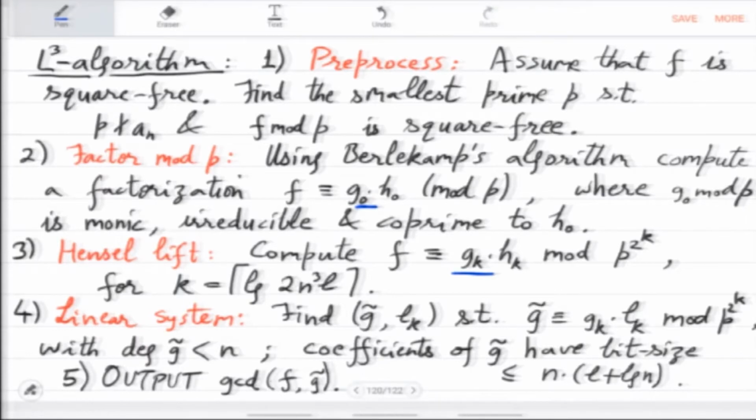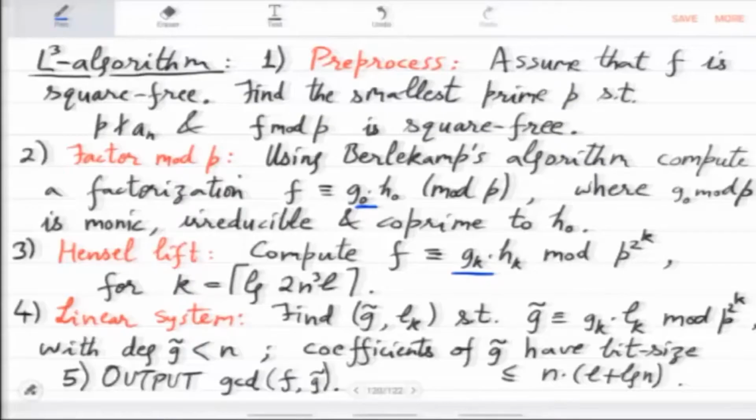Fourth step will be the step where we will go from Gk to a polynomial G tilde which is closer to an actual factor. So remember that Gk is a factor of f only mod p raised to 2 raised to k, right. From here we have to go to an actual factor, an integral factor of f.